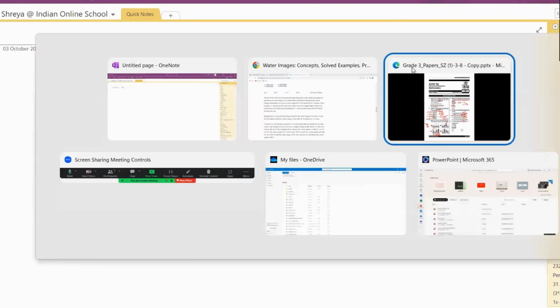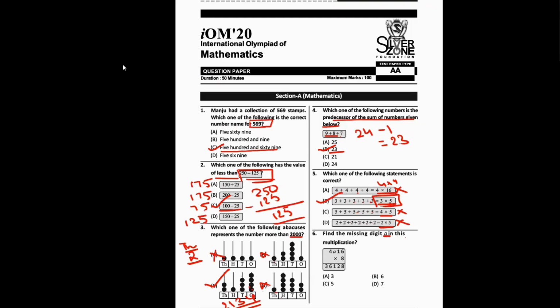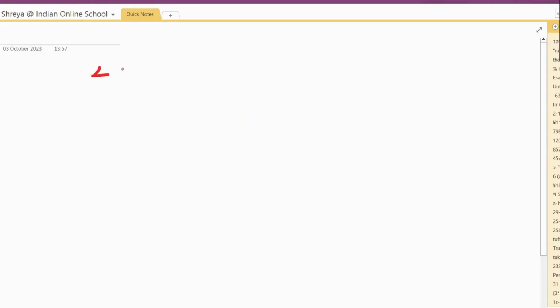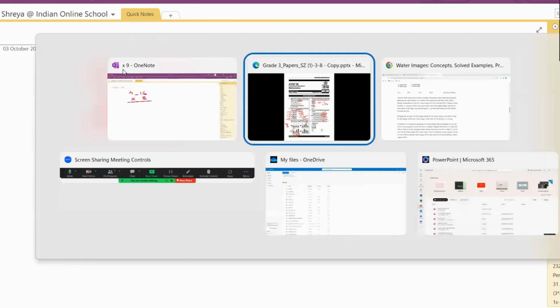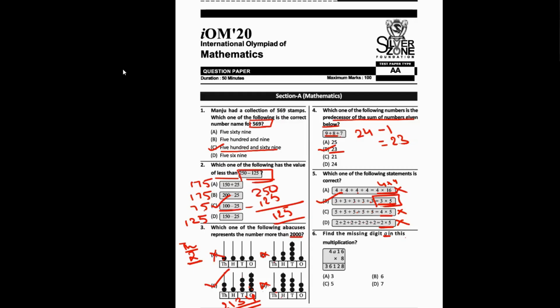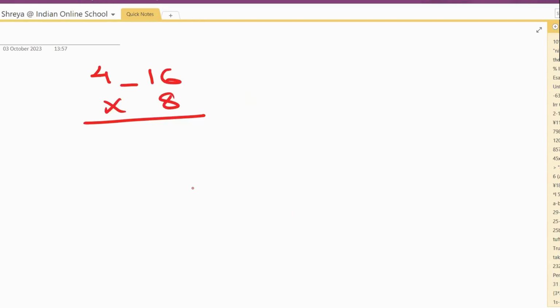Our number is 4A16 multiplied by 8. Instead of A, let's take a blank. This is our question, and the result given is 36128. Clear?